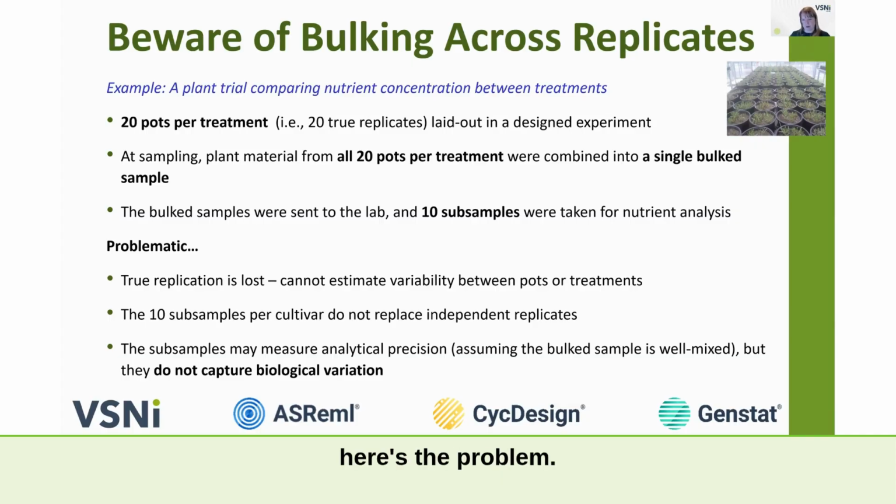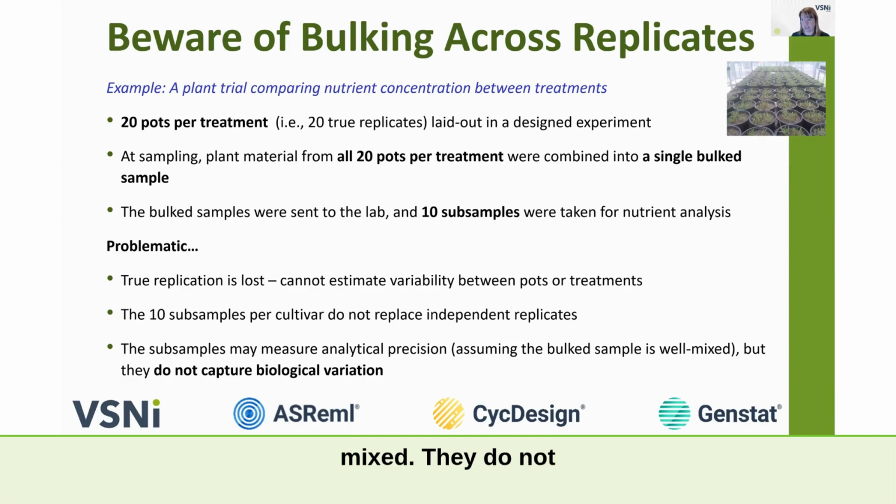So here's the problem. By bulking across replicates like this, the true replication has been lost. We can no longer estimate the variability between pots or treatments. Those 10 subsamples are not independent replicates. At best, they measure the analytical precision, assuming, of course, that the bulk sample was well mixed.